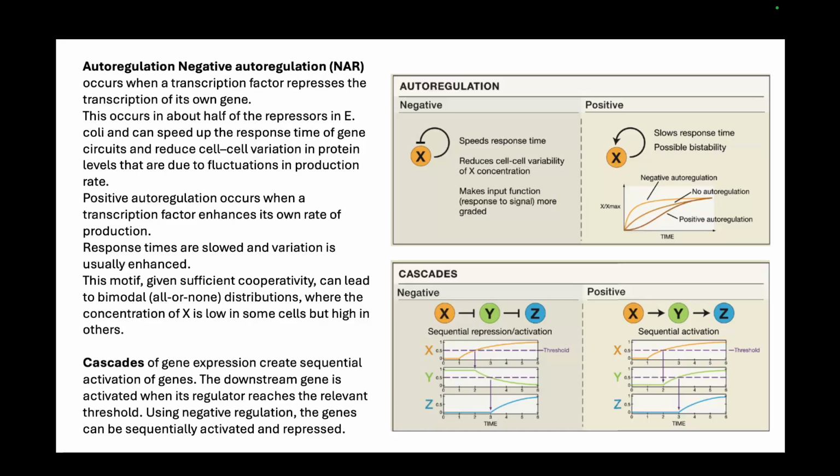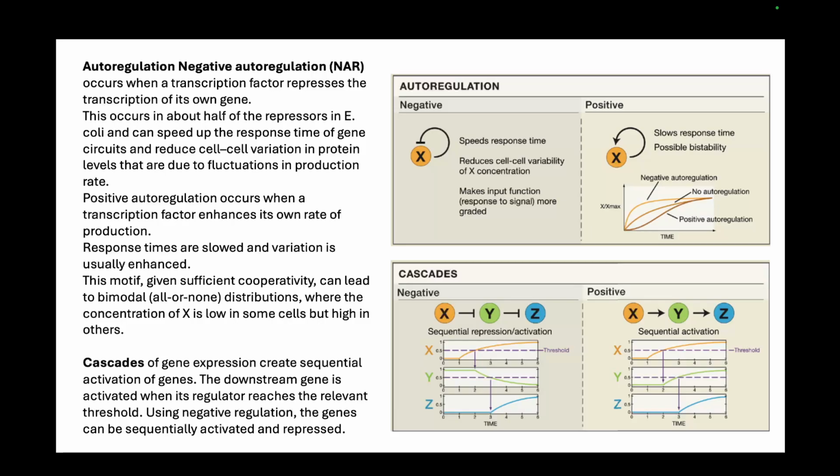For example, in the negative autoregulation case, if X is increasing, it will repress its own expression so that it cannot increase to infinity. But if X shows positive feedback on itself, then X will increase, and by that loop X will increase again, and it will go on and on like that.